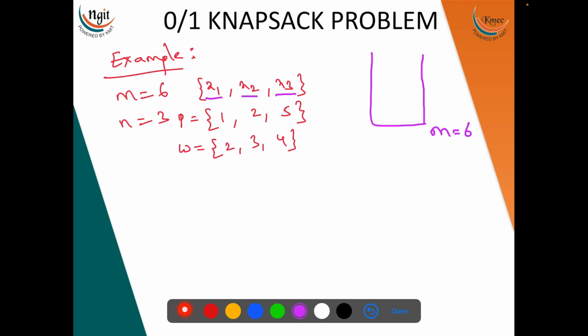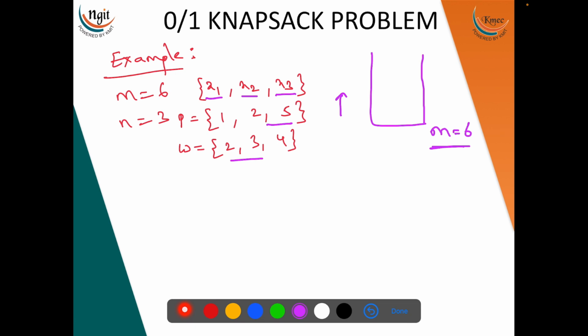We are given the profit and the weight. Profit should be maximum, and after you place the items, the bag capacity should not be exceeded. We'll keep these two things in mind and get the solution for the problem using the dynamic programming approach. Now let us think about the way we will place the items.